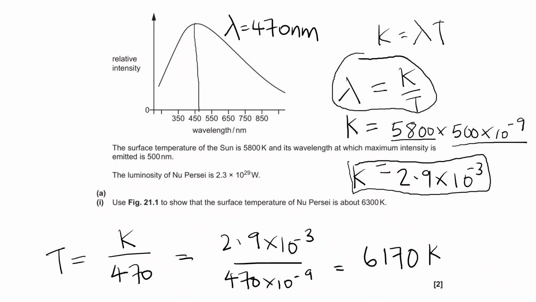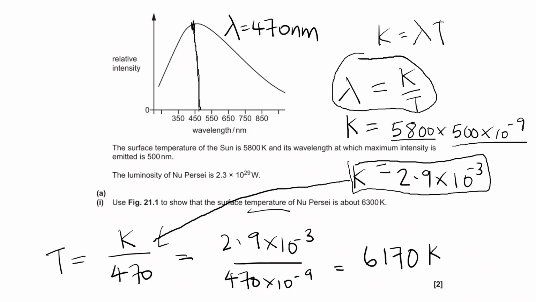Using that constant, we're going to put it into here because we want to work out the surface temperature. So T is equal to k divided by 470. You get the 470 because you look at the graph. This is the peak and you go down. Unfortunately, I don't have a ruler here, but the maximum value is 470 nanometers.